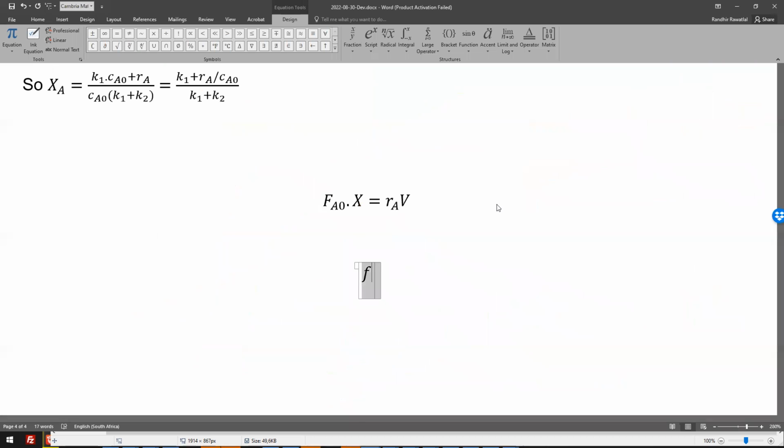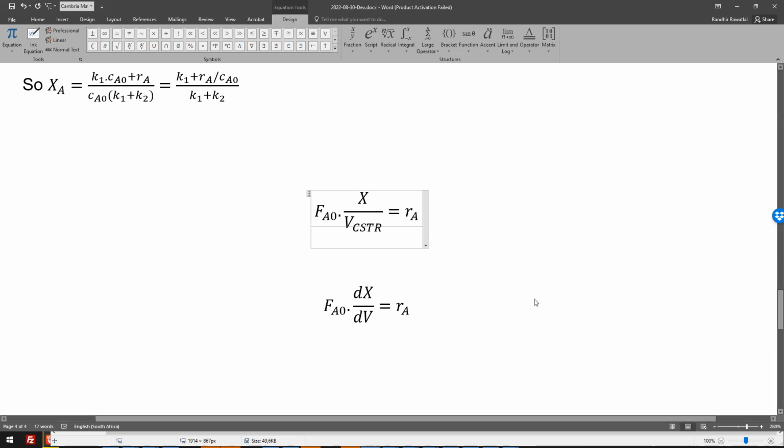It's FA naught times dX dV equals RA. And I just want to write the CSTR here. So maybe, to get them sort of in the same form, let's put that like that.